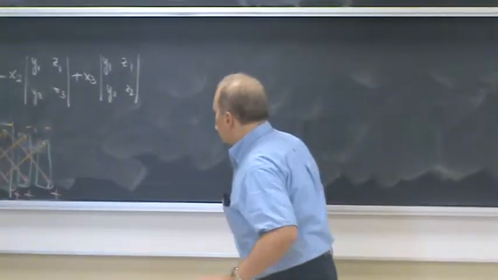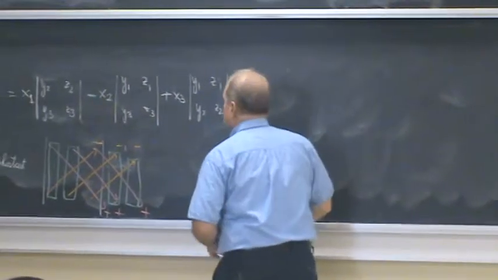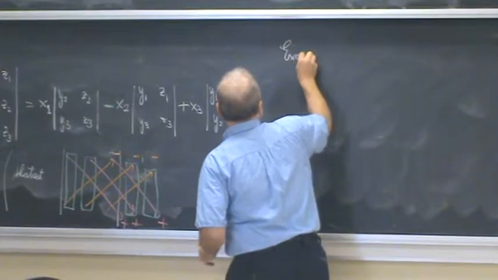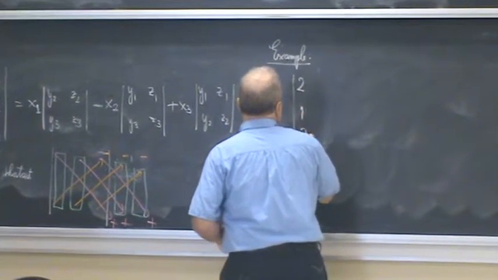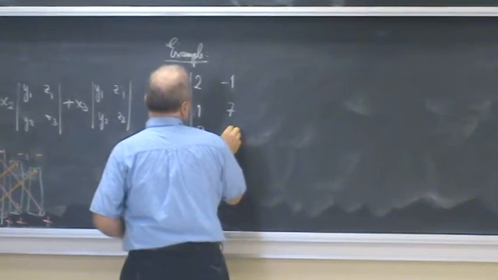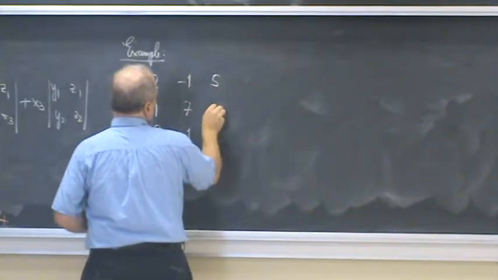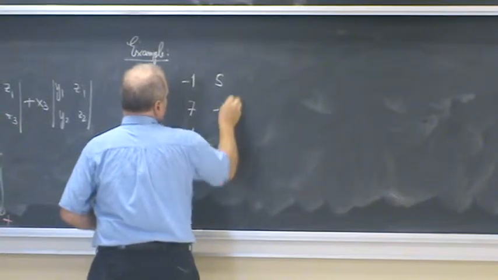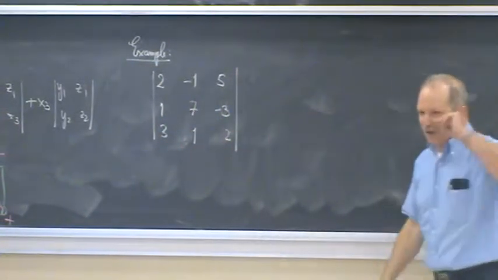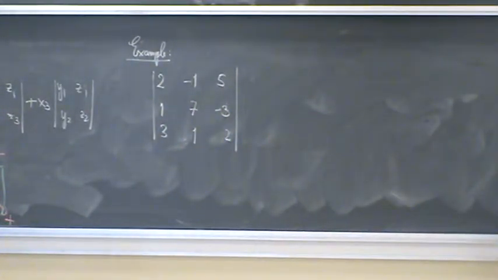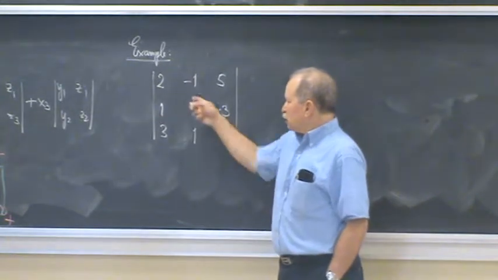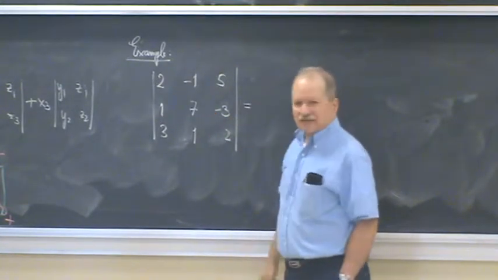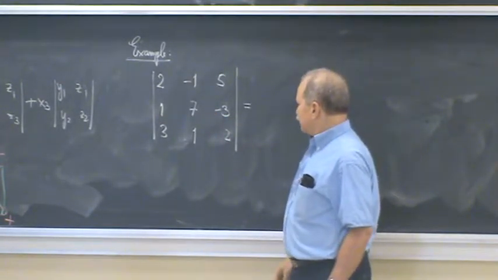Now, those of you who get really good at this should be able to do the determinant faster and faster. So, for practice, how are you going to compute this? 28 5 and 9 minus 28.